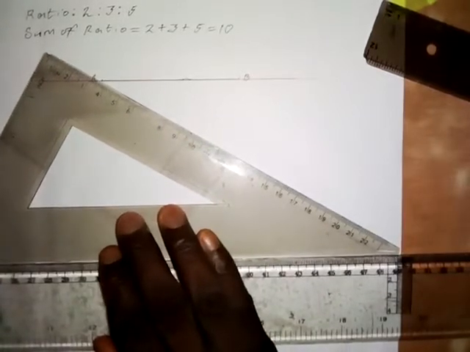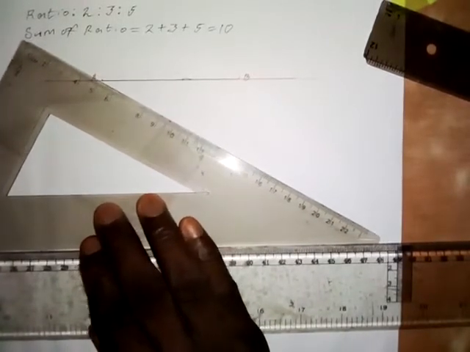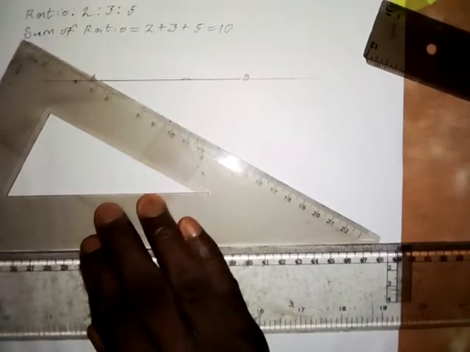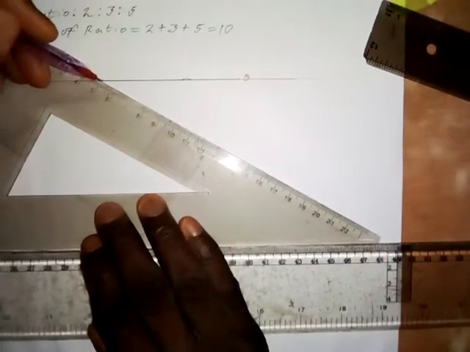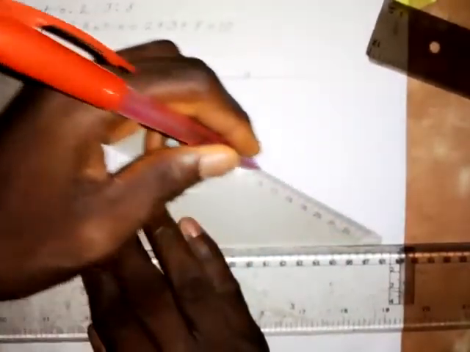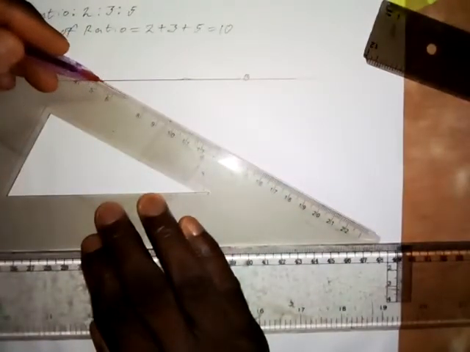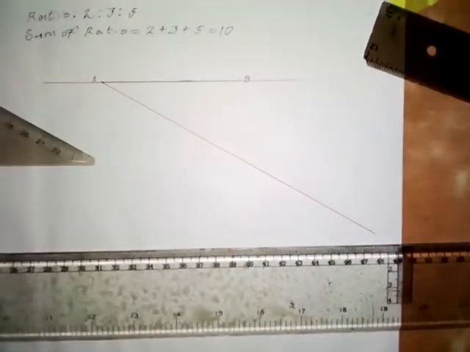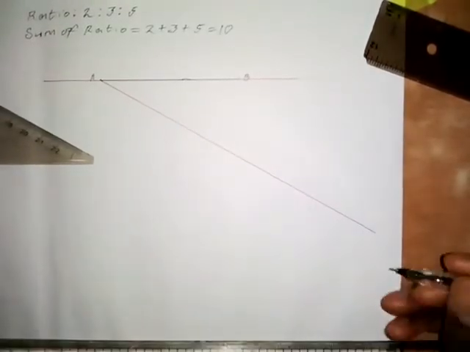So set it like this, so you can move it. Okay, then from point A here, draw a line in this direction. Okay, so call it line AC.